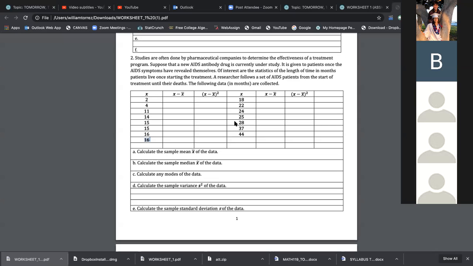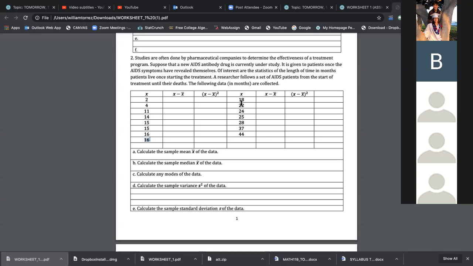And I can analyze that data. I can derive a sample of that data, and I can calculate the sample mean of that sample and the sample median, x tilde, okay?